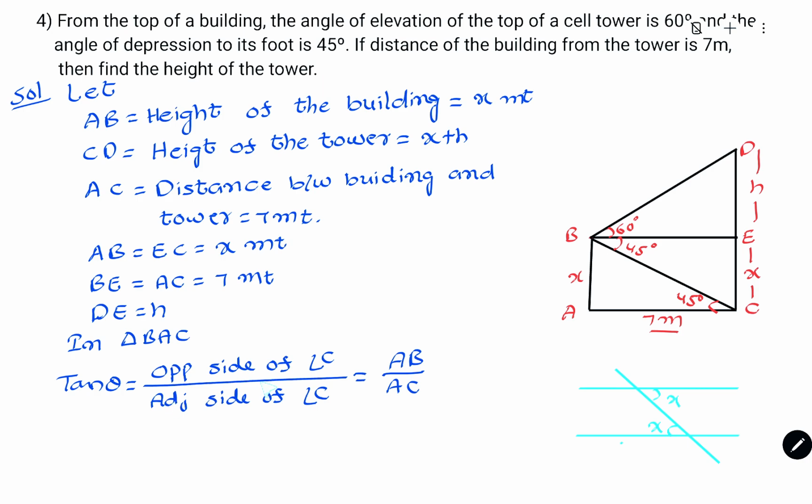Tan theta is equal to the opposite side of angle C by the adjacent side of angle C, which is AB by AC. Here theta is 45 degrees. So tan 45 is equal to AB, x, by AC, 7. Now tan 45 is 1, so 1 equals x by 7.